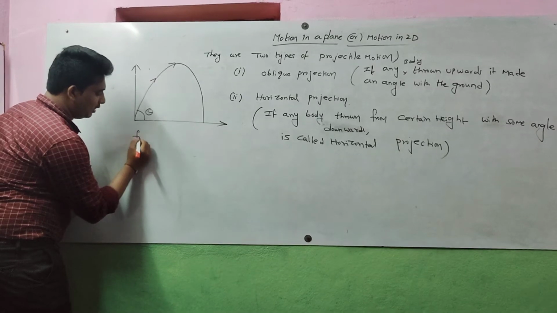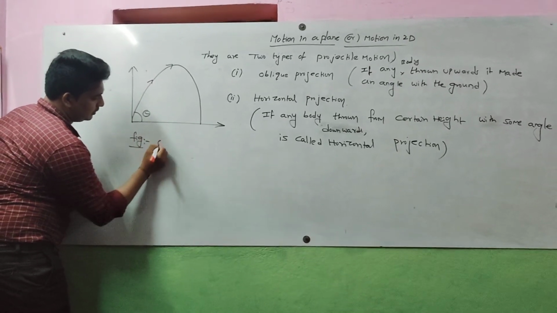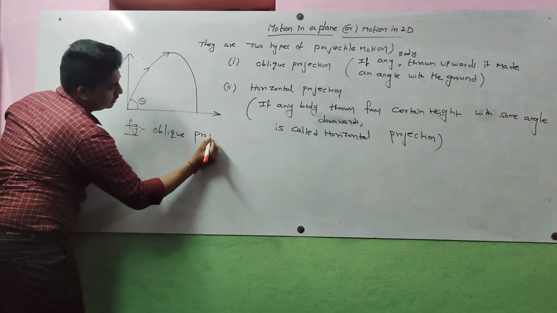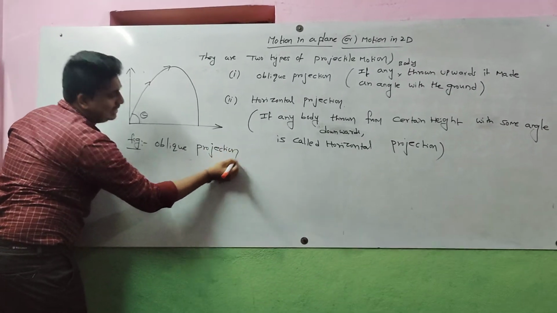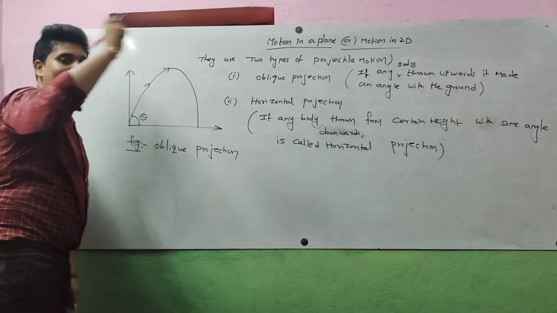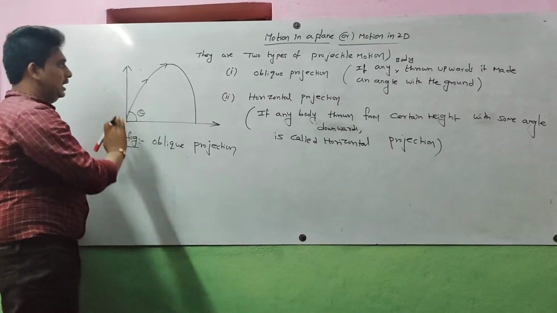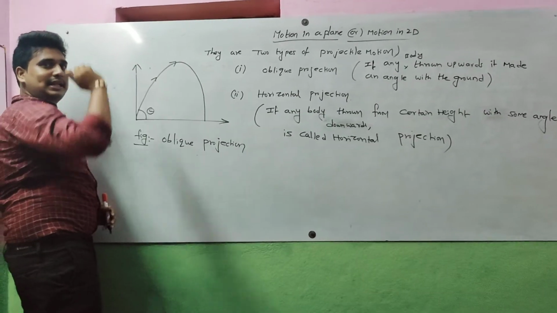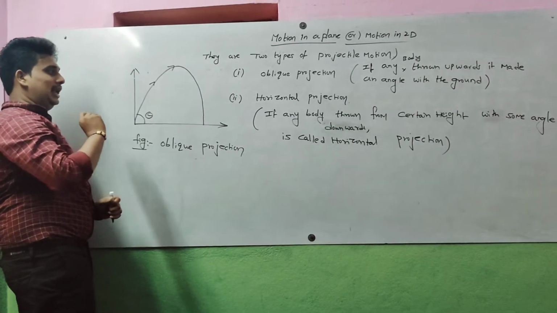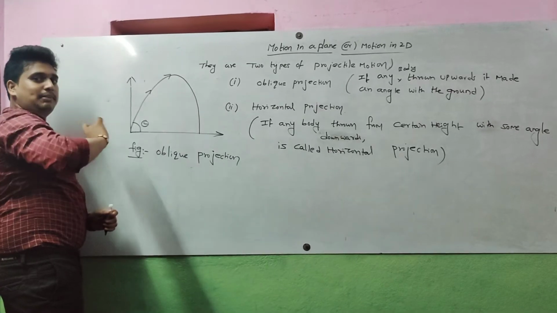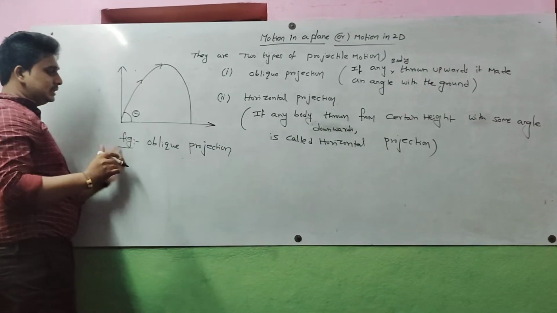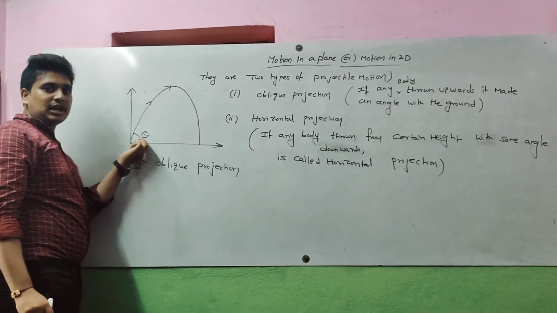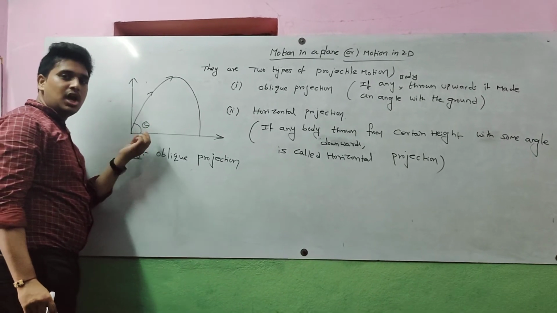Or I throw a pebble at a certain angle, so it makes some angle. That is called oblique projection. Theta is the angle made with the ground.